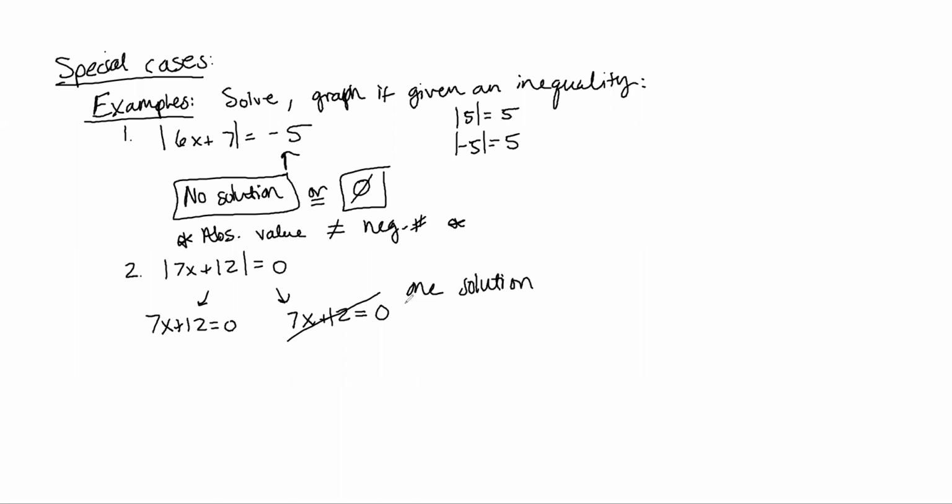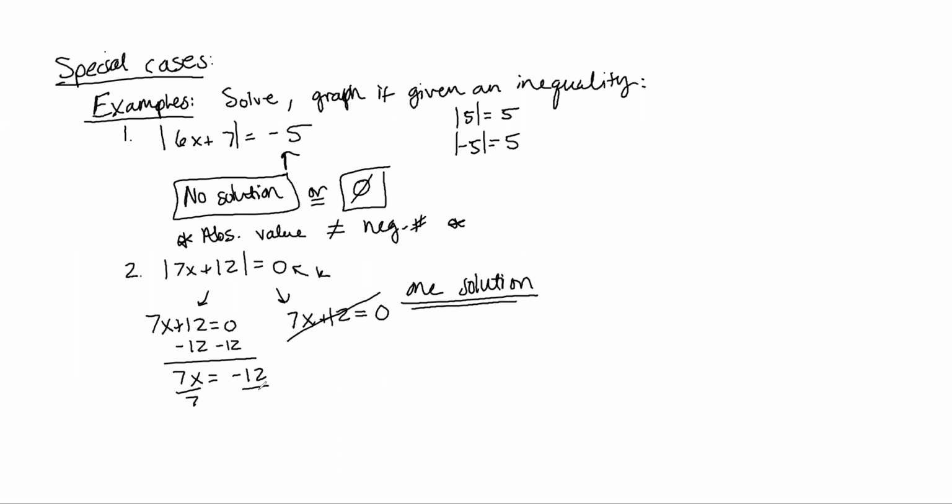So there should be a question on your homework asking about if the right-hand side, or this value of k, is 0, how many solutions? We would have one, which we'd get from solving this equation. So let's go ahead and do this really fast. Let's subtract 12. We get 7x equals negative 12.